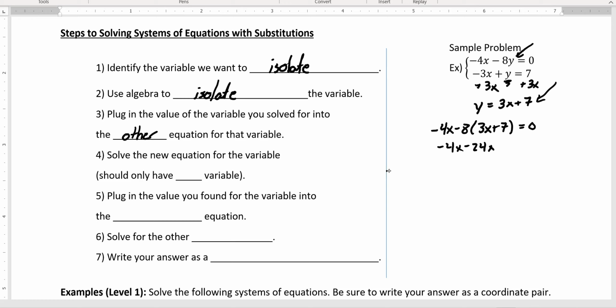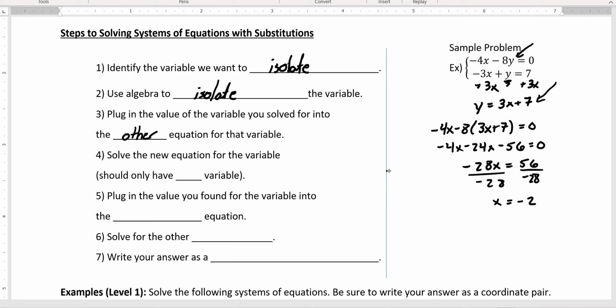Let's not try to do too many steps at once here though. So minus 56 equals 0. So I'll get negative 28x equals 56. Divide by negative 28, and we'll find that x equals negative 2.